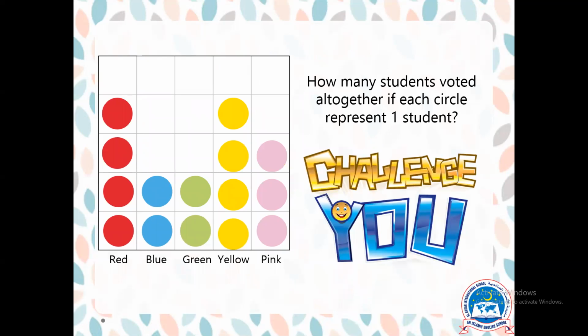Now you can challenge yourself. Look at the pictogram. How many students voted all together if each circle represents one student? Okay, so this is the pictogram and each circle represents one student. So how many students voted all together? You can pause the video if you want to find out the answer.